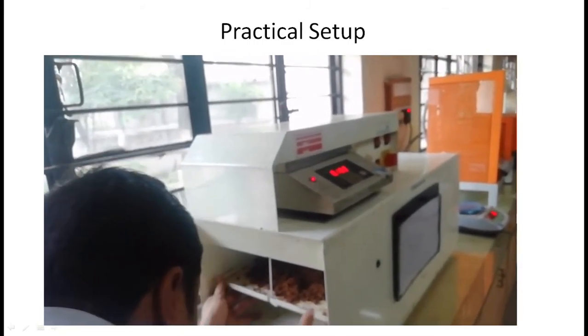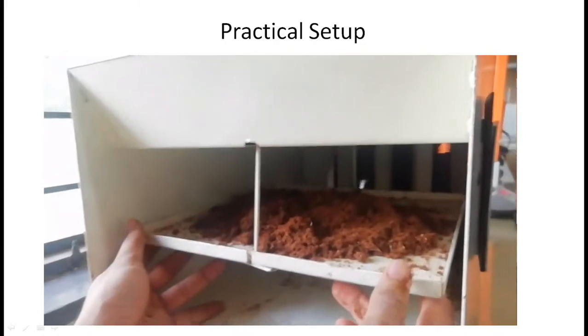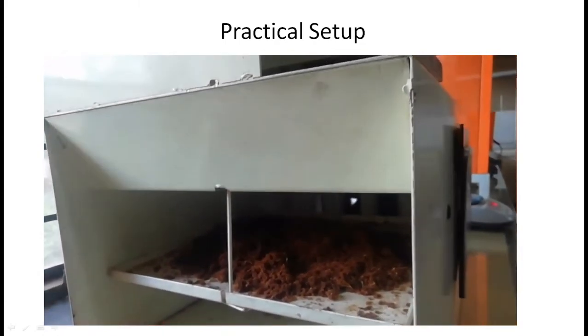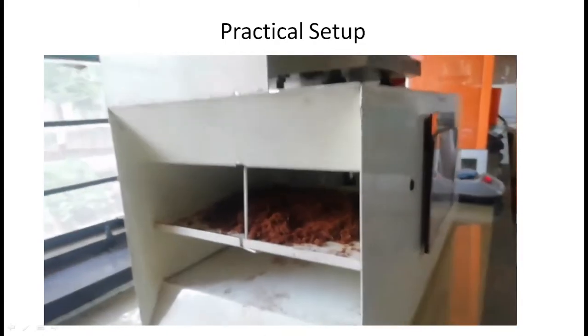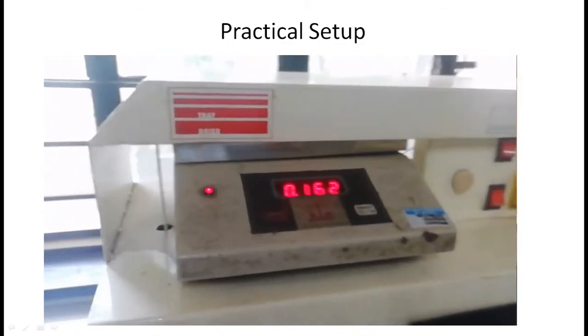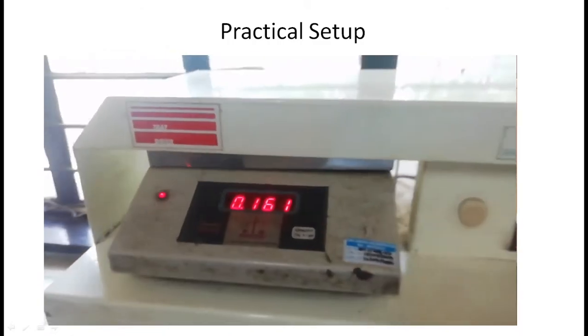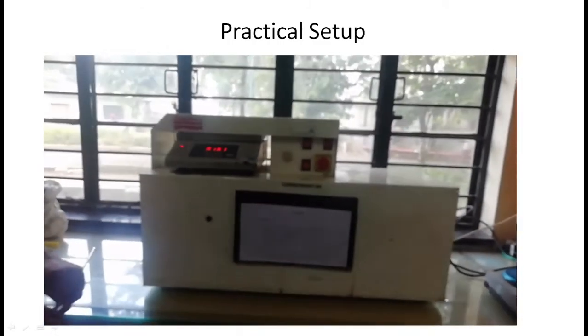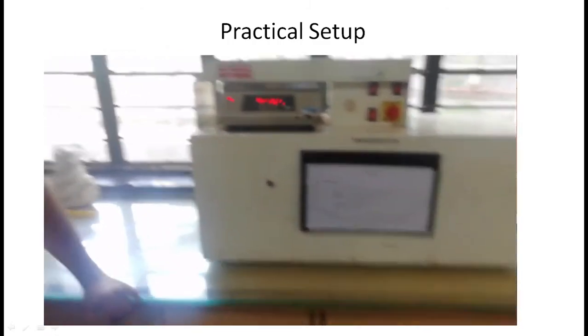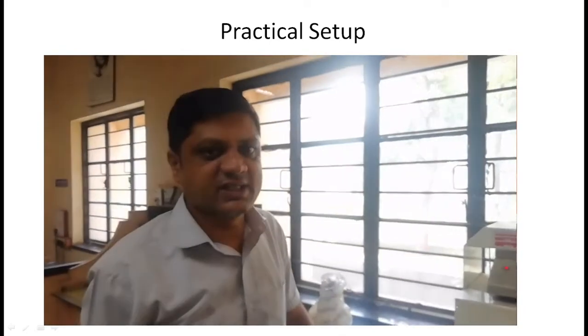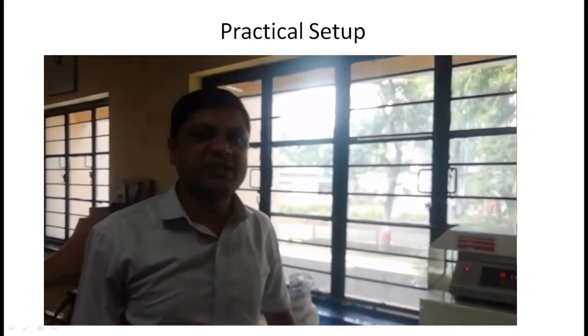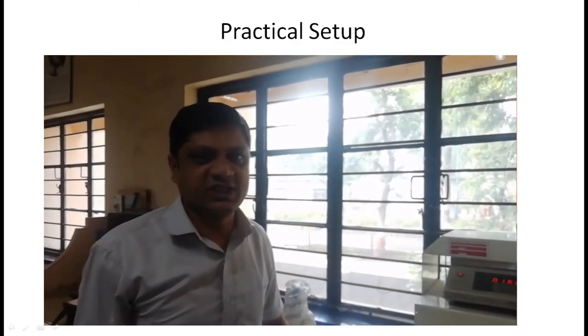While mounting this tray, we have to take care that the borders of the tray should not touch the cabinet, so that the weight will be accurate. Now it is 162. Okay, it means that the total weight of that sawdust is around 70 gram and water is 100 gram. So the total weight of the sample is around 161 gram.